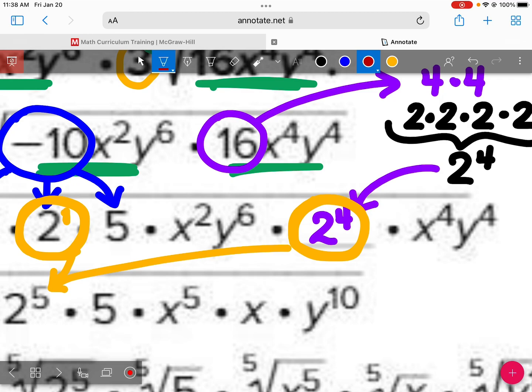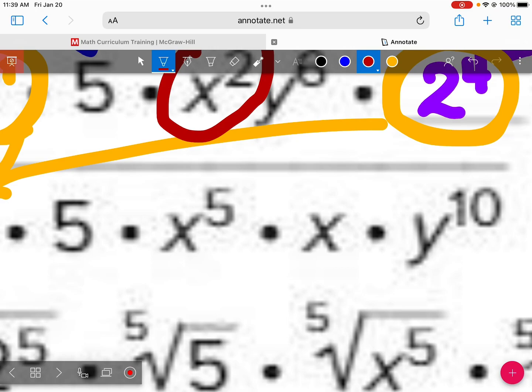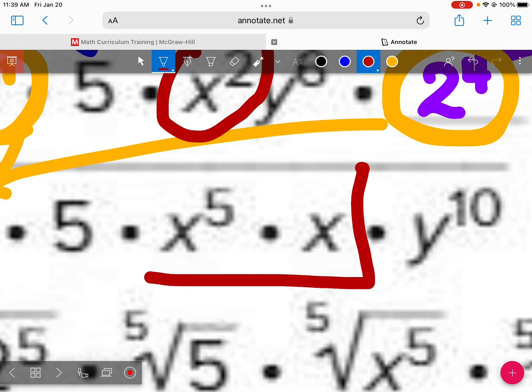Then they did something weird with the x's here. I have x squared and x to the 4th. If I have 2 x's right here and I have 4 x's over there, how many do I have altogether? I have x to the 6th, right? Did they write down x to the 6th? What did they write down? They have x to the 5th, and then they have an x all by itself.